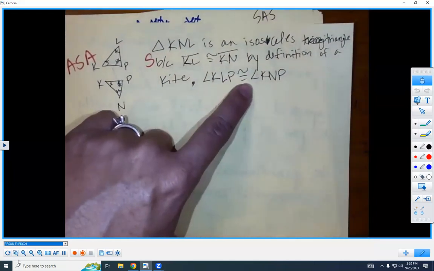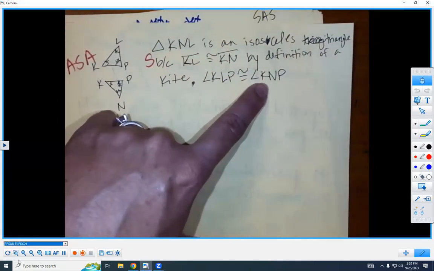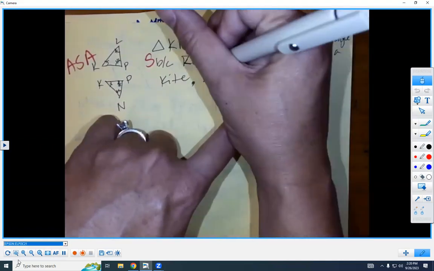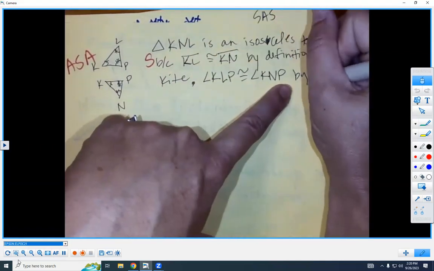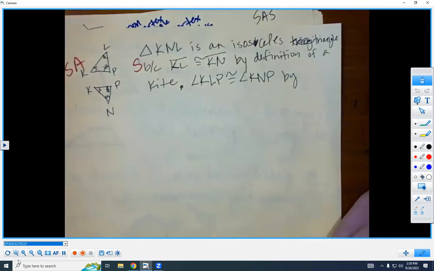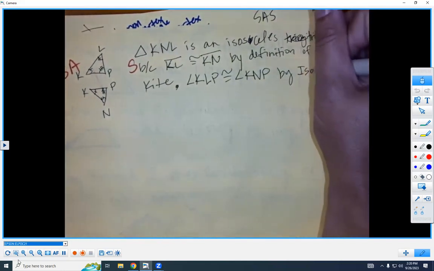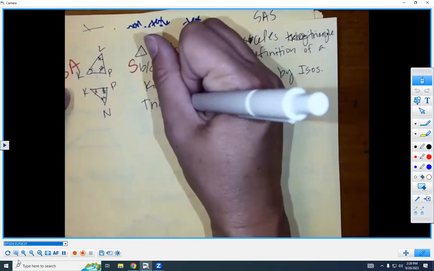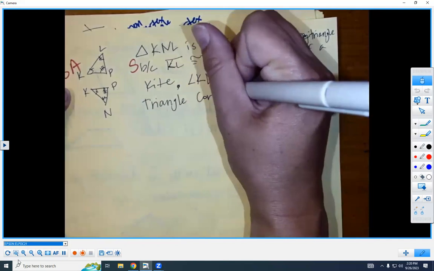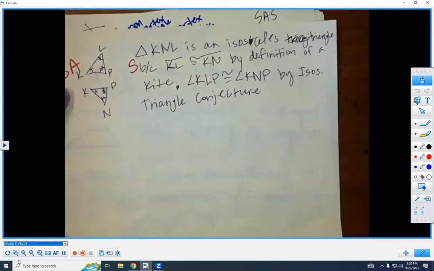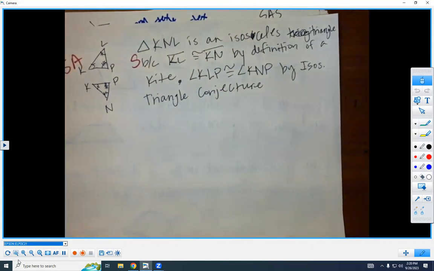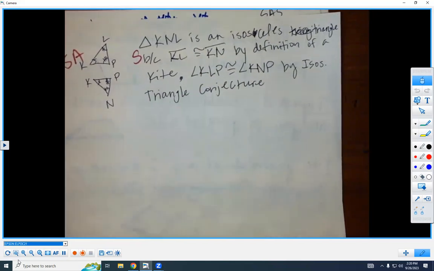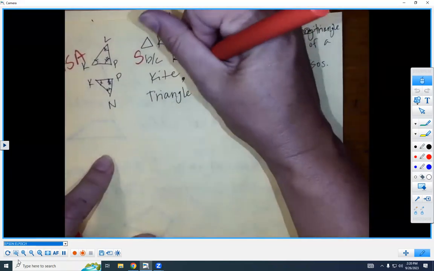So this is congruent to that by isosceles triangle conjecture. And you can abbreviate as much as you want to here, as long as I know what it would be, not just one letter.